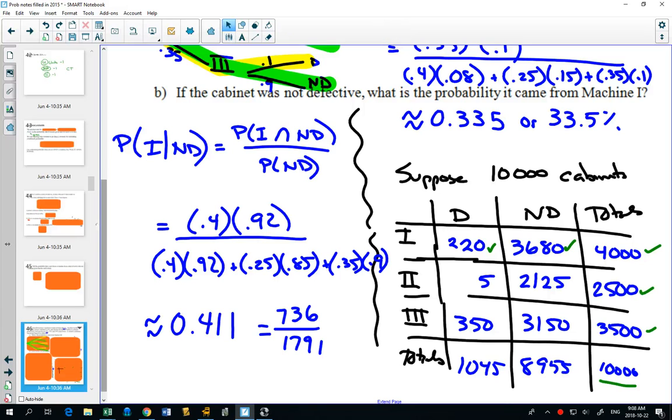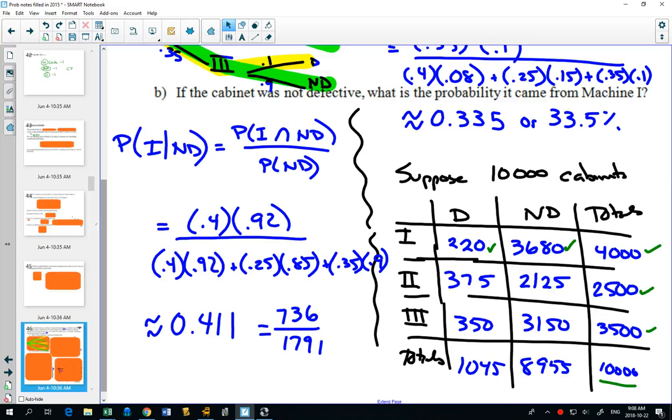Here, with the second one is 25%. Was it 25% defective? No, 15% defective. And so 15%, I think that's 375. That was the number that was missing. And not defective would be the other 85%.